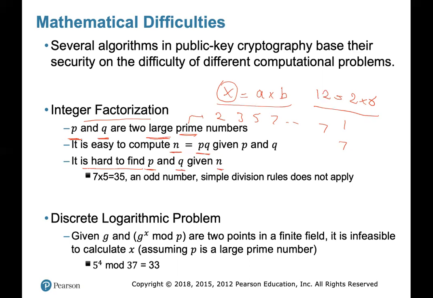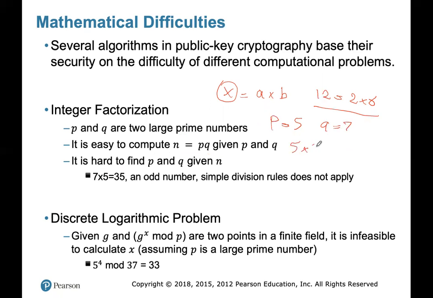For example, assuming P is 5, of course, these are not large prime numbers, I'm just giving you an example, and Q is 7.